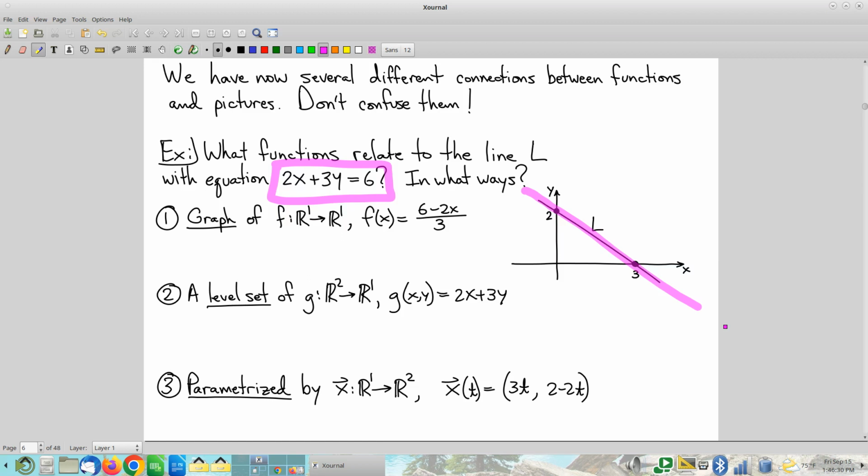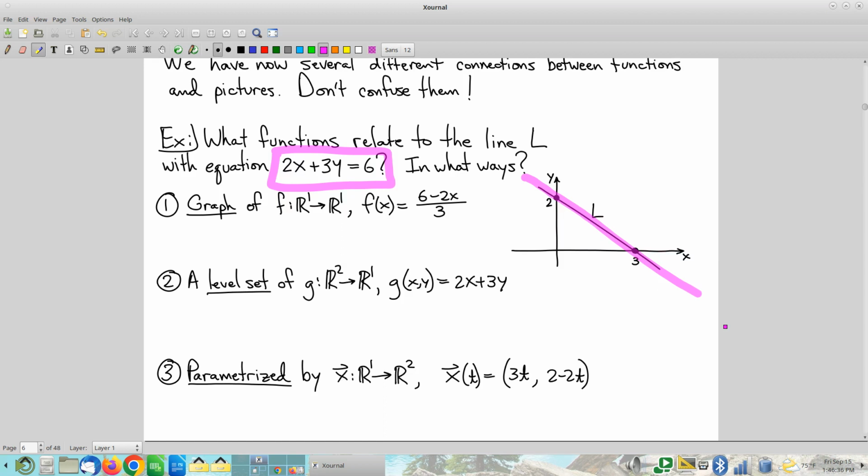So, getting into the details here. I claim that this function right here is the function whose graph is that purple line.